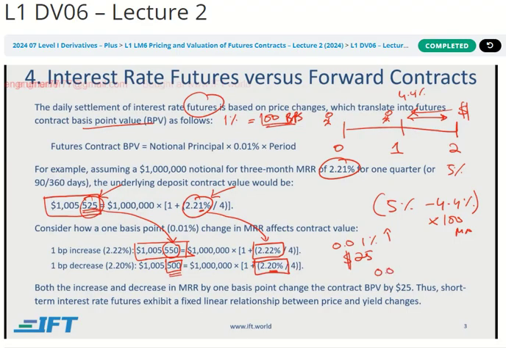So a 1 basis point decrease caused a decrease of $25. As you can see, both the increase and decrease in the interest rate of 1 basis point change the contract basis point value by $25, and this is a linear relationship and not a convex relationship.